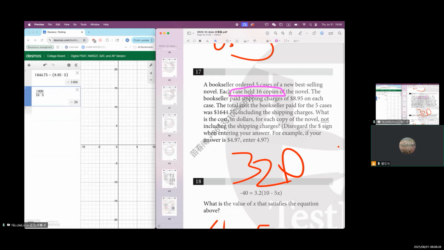Yeah. And it's also reading: 16x times 5, right? Yeah, I didn't see that. That's why I got 320 the first time. That's why it's reading, right? Yeah.